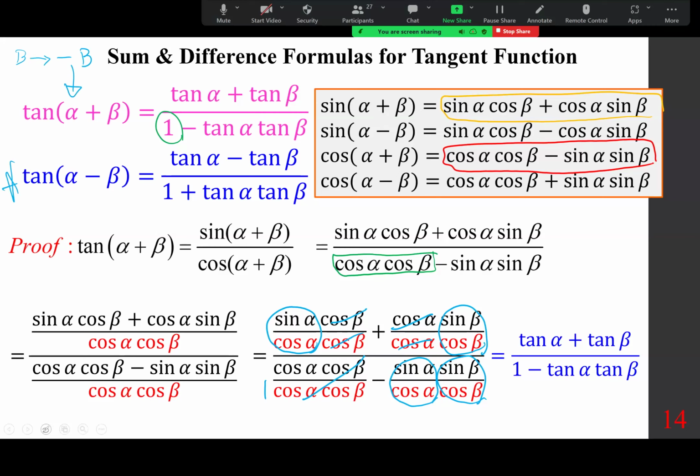I'm going to leave it for you to prove that it's a good practice for you. If you change the beta to minus beta, you get this one. Just change this one. Becomes tan of minus beta. And this one, the same thing. And remember, tangent is an odd function. You could easily see the proof of tan of alpha minus beta.